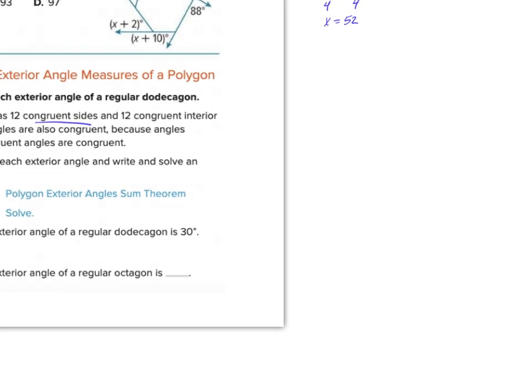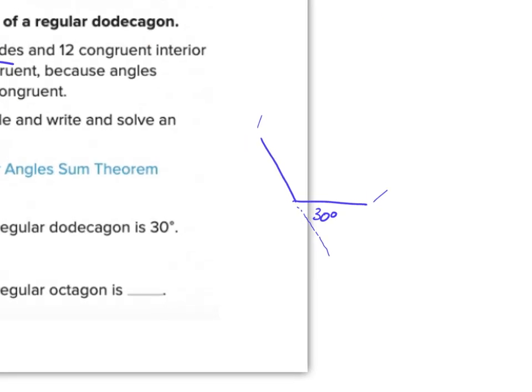So what they said is, I'm just going to not draw to scale here, but just assume that that's my polygon. And they said that the exterior angle is 30 degrees. So do we know what the interior angle is?